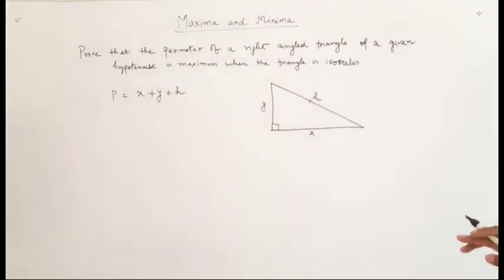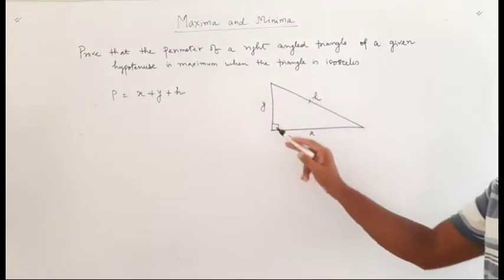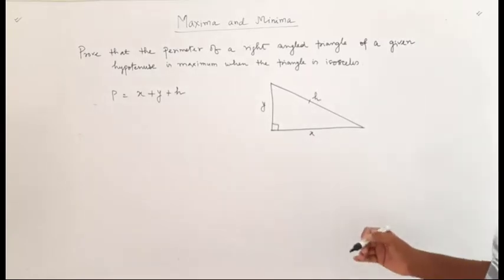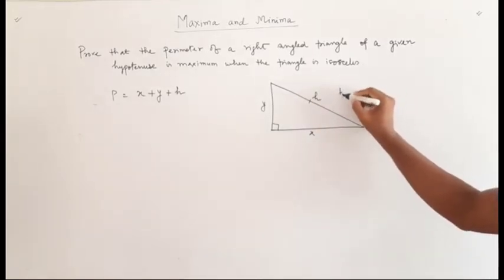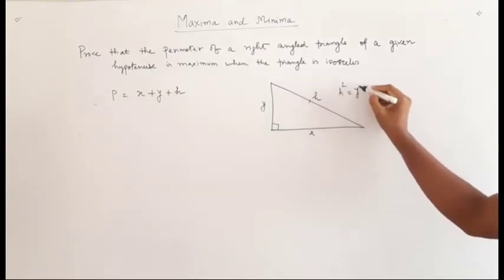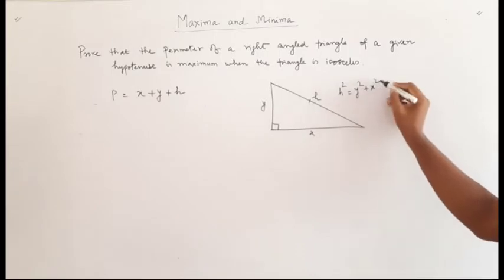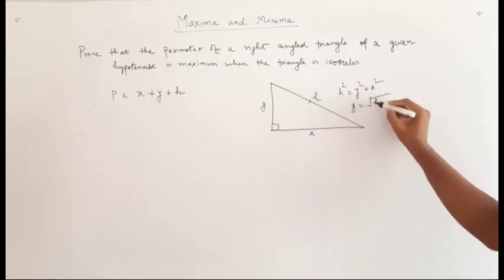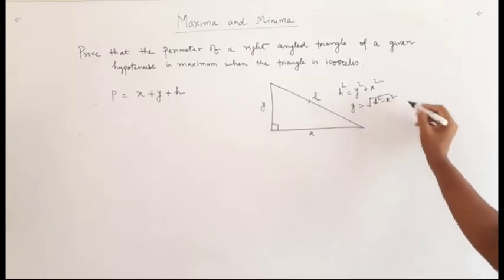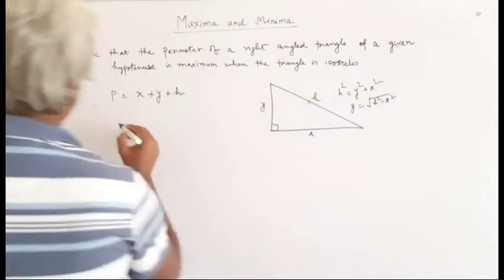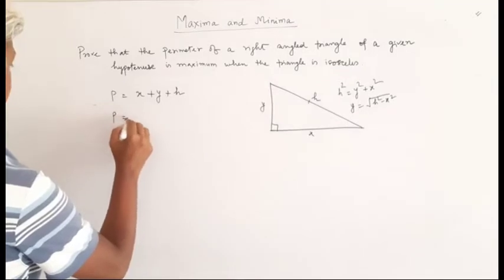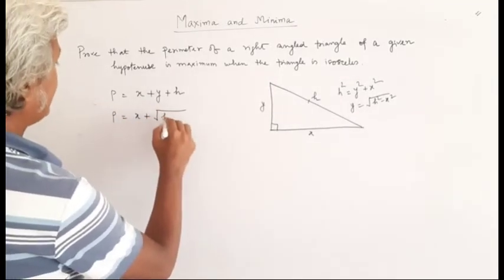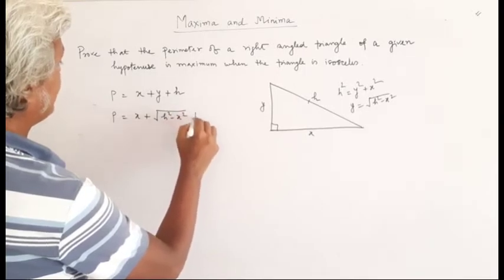Can you find another relation? The relation exists in this right angle triangle given by the Pythagoras theorem, that is h squared is y squared plus x squared. Therefore y will be under root h squared minus x squared. So we have our P as x plus under root h squared minus x squared plus h.